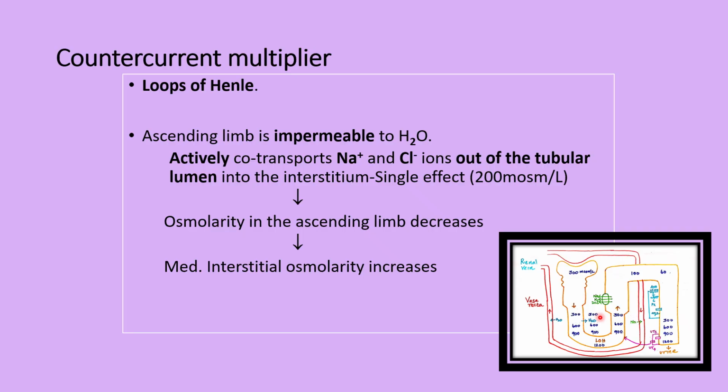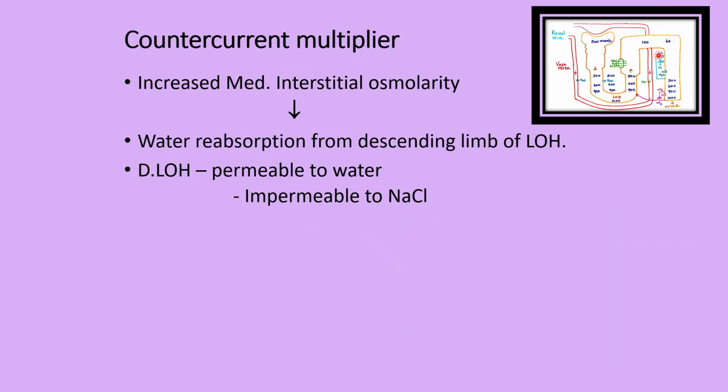The medullary interstitial osmolarity gradually increases due to the sodium potassium chloride pump, which increases the medullary interstitial osmolality. It favors water reabsorption from the descending limb of the loop of Henle. The descending limb of the loop of Henle is permeable to water and impermeable to sodium chloride.